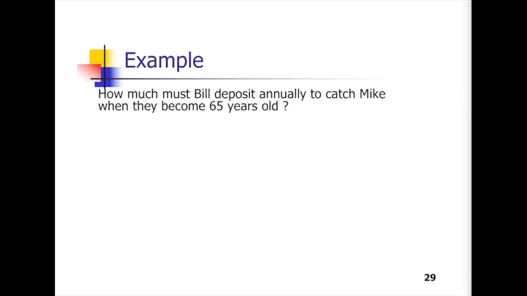The remaining question: how much must Bill deposit annually to catch up with Mike when they become 65 years old? On the timeline, at 0, Mike starts saving this year, and Bill wants to save when he is 40 years old, and he wants to catch up with Mike.